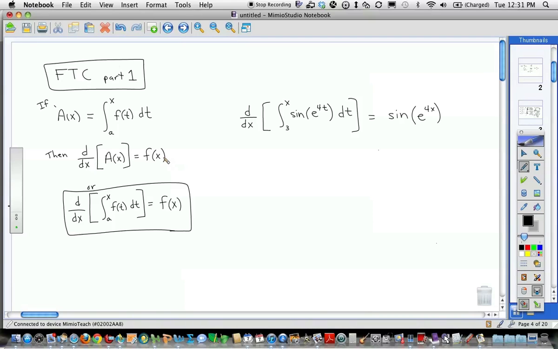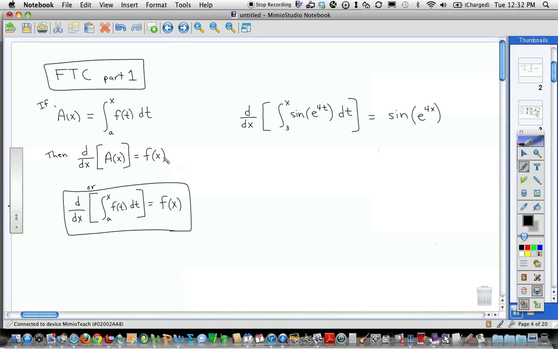This derivative is with respect to x. So the antiderivative would be in terms of x. The derivative would then be in terms of x. You get this. Notice the plus c doesn't matter. Notice this 3 here did not matter, right? Because the left endpoint only determines the c value. Well, when you do the derivative, what happens to the c? Derivative of a constant is 0. It goes away, right? So if this had been a 3 or a 5 or 7 or whatever, it doesn't matter.